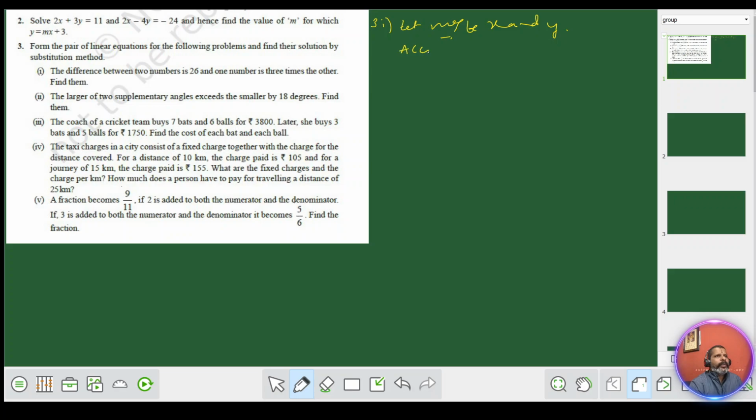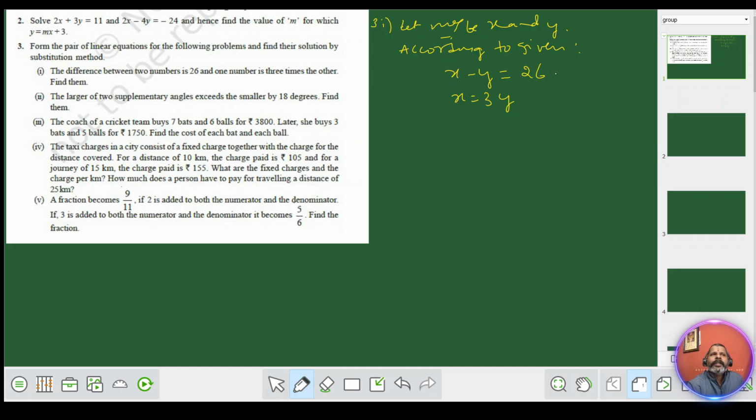Therefore, according to given, what do we get? Difference between the numbers is 26. The one number is 3 times the other. One number is 3 times the other means x equal to 3y. Why cannot we take y equal to 3x?